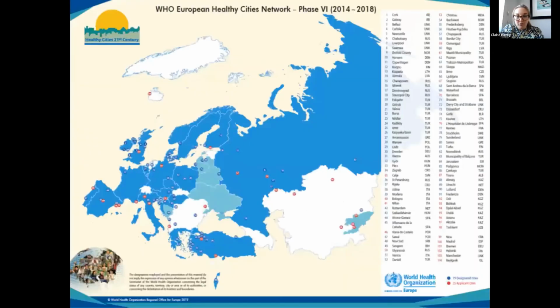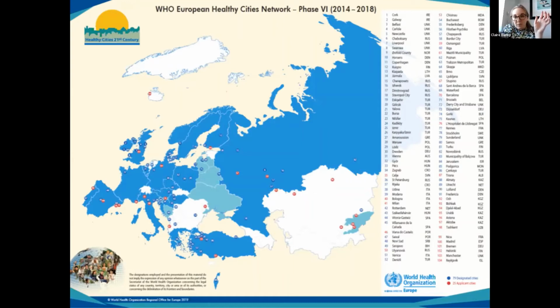It's part of a wider European network, so you can just kind of see the map of all the cities that are members there. Quite a diverse range of cities. So as you can see, the WHO European region extends quite far east, and within that you've got Southern European countries, the near Middle East, Nordic countries, Western Europe.